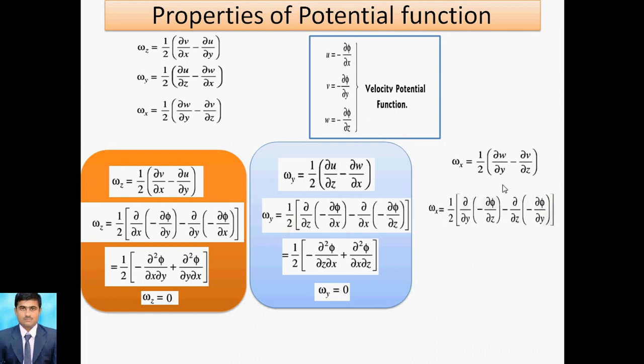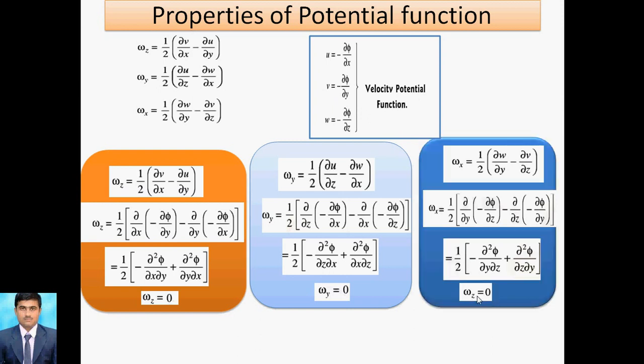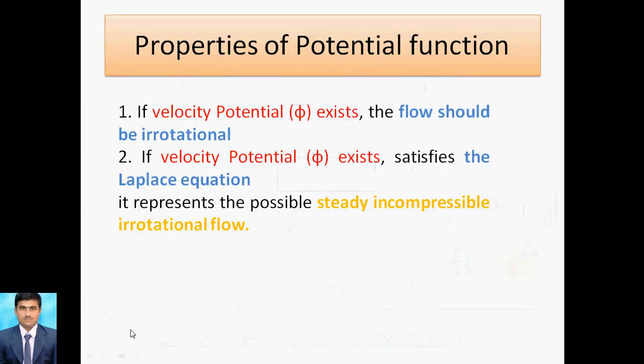According to putting these values, we only change the w and v values, from the velocity potential function. If you solve this, after simplification ωx equals 0. And if all components are 0, that means it is called irrotational flow. The flow is not rotating.